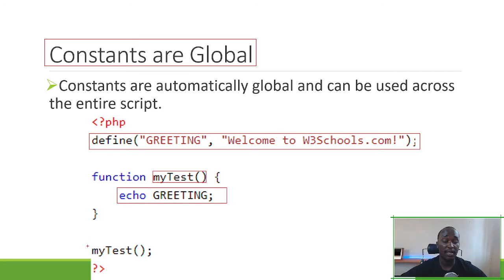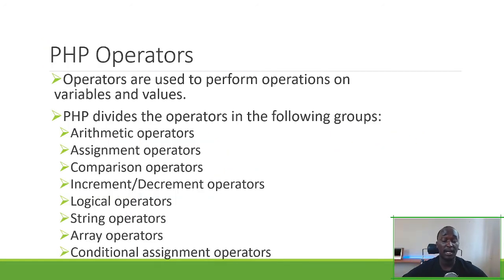If we call that function, we are going to get this as the output. It's going to be executed successfully. Why? Because constants are global variables, not local variables, so they can be accessed even from inside a function. So that is it about constants.